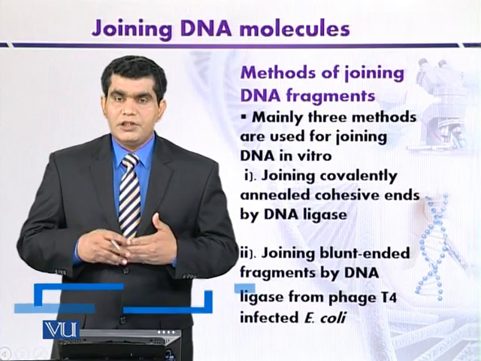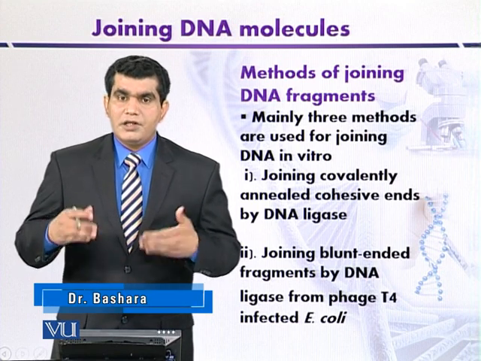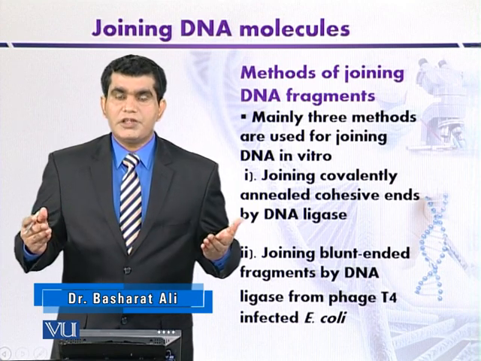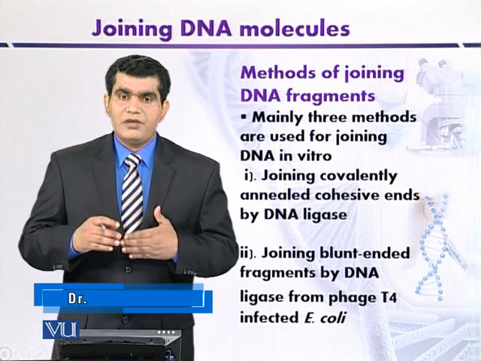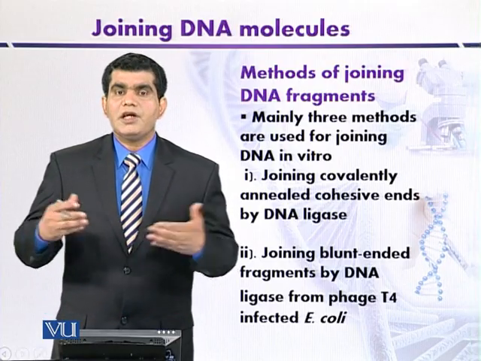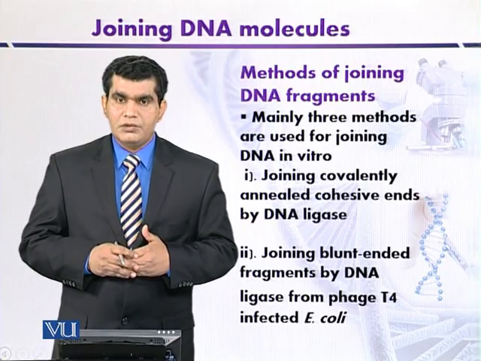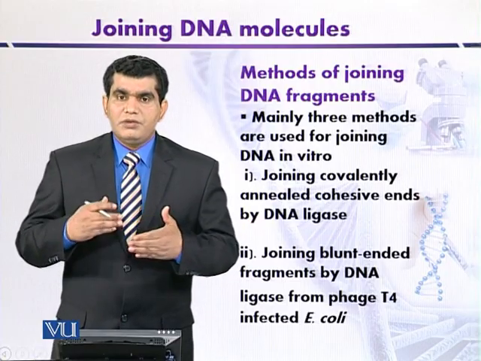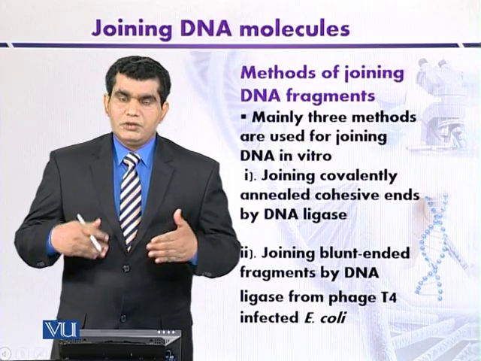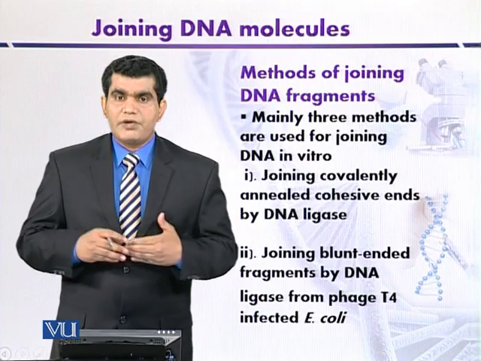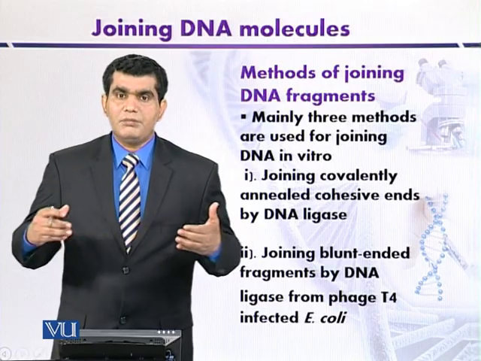Another method also depends on DNA ligase, but the source is different. This DNA ligase is encoded by phage T4 that can infect E. coli. Now this T4 DNA ligase will join or ligate the DNA fragments that have blunt ends.